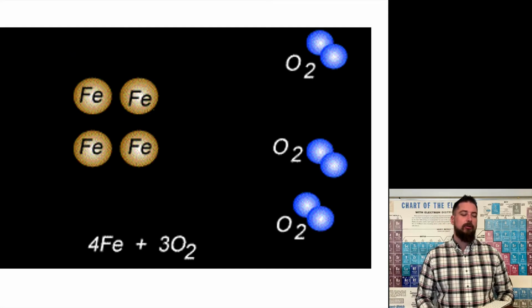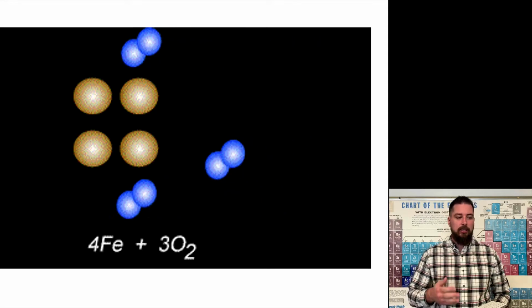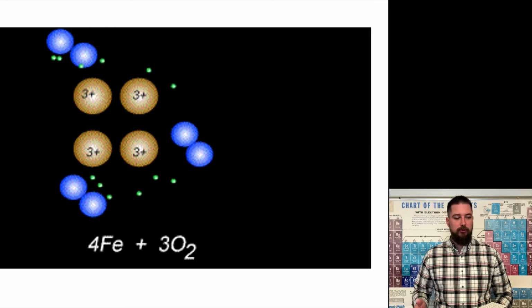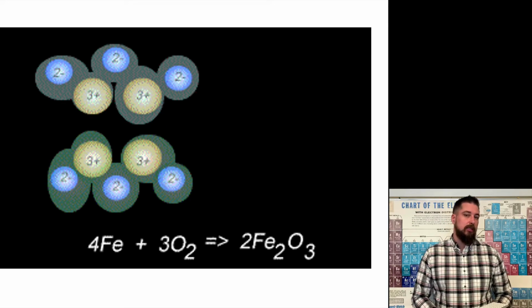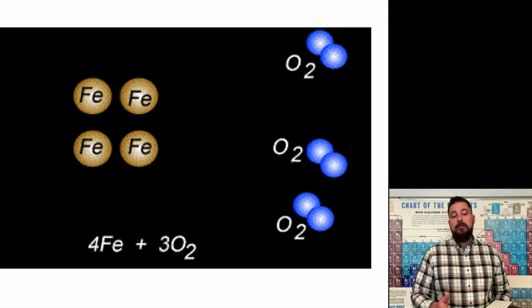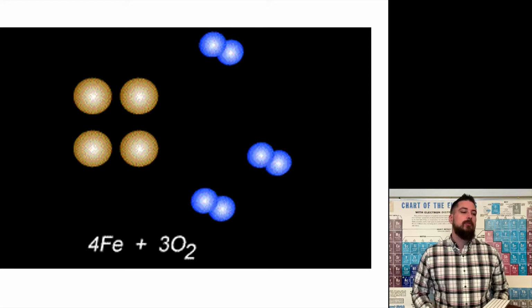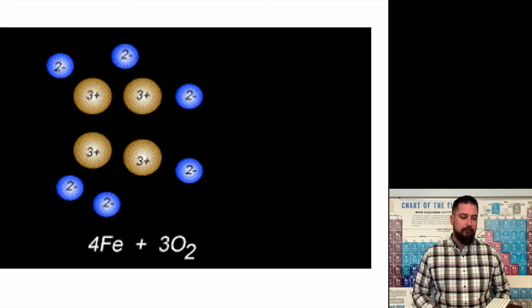If something loses electrons, it's being oxidized. If something gains electrons, it's being reduced. In this situation, the iron is being oxidized. The iron is losing electrons. The oxygen is gaining electrons, so it's being reduced. And there it is.